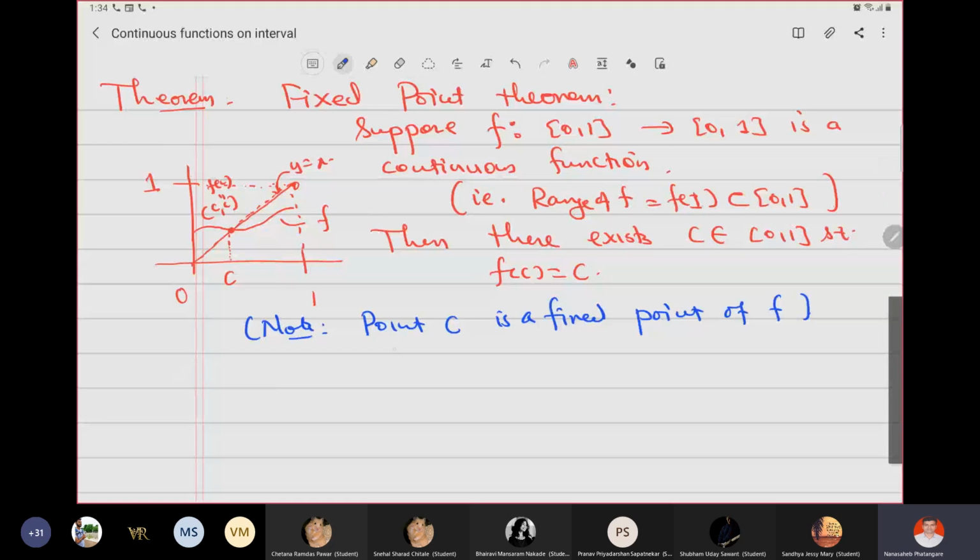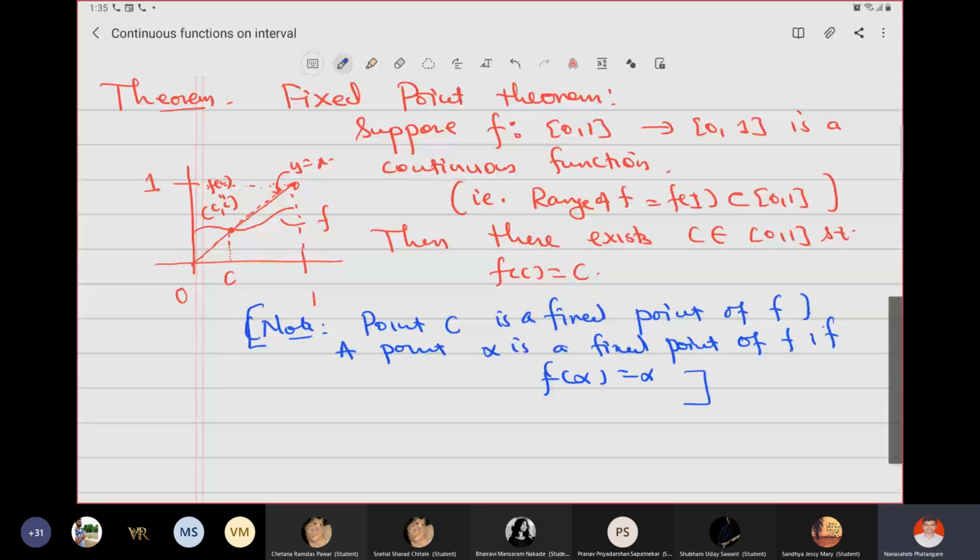A point alpha is a fixed point of function f if f of alpha is equal to alpha. Fixed point means the value doesn't change. The value of the function at alpha is the same as alpha, so the function maps alpha to alpha. Therefore, if the function is continuous on the interval [0, 1] and the range is inside the domain itself, that is what it means.